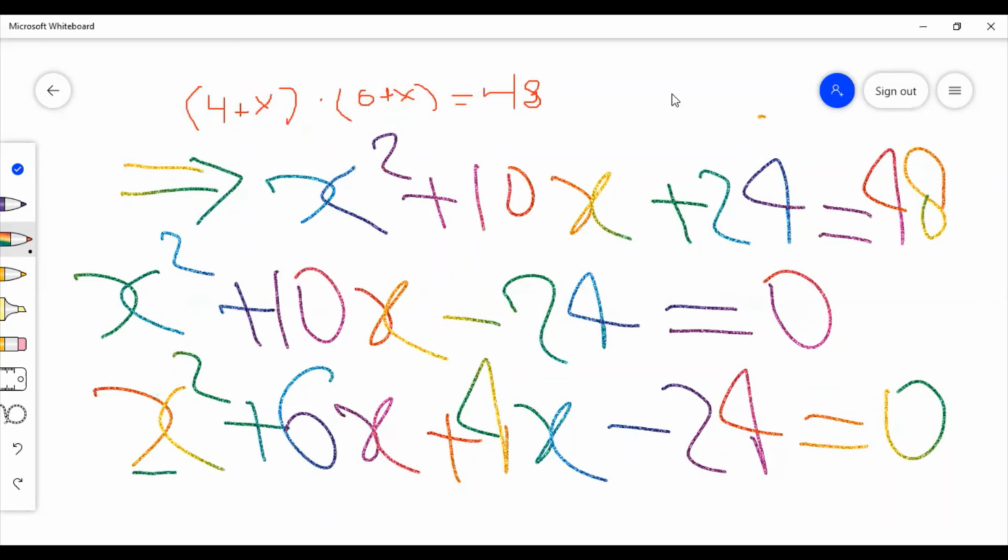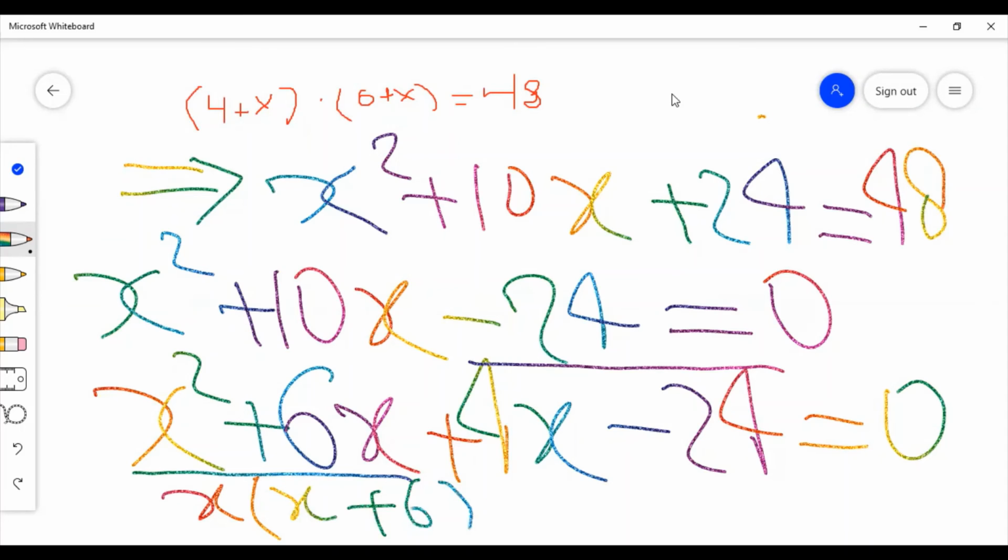Now from here you can make the two pairs, this one and this one. From here, the first you can take x as a common, so you will get x plus 6. And from here you can get 4 as a common. So x, and one thing has gone wrong. That is not negative.